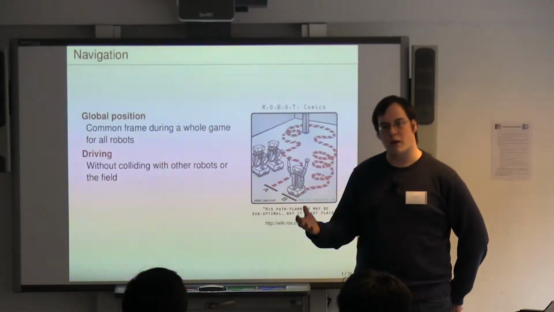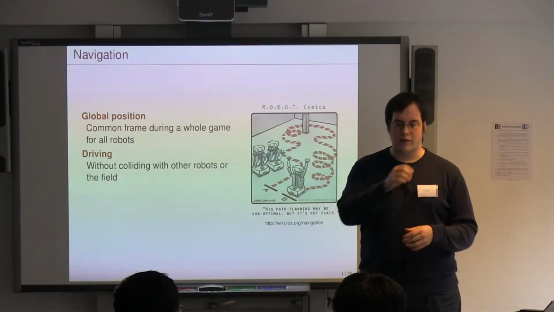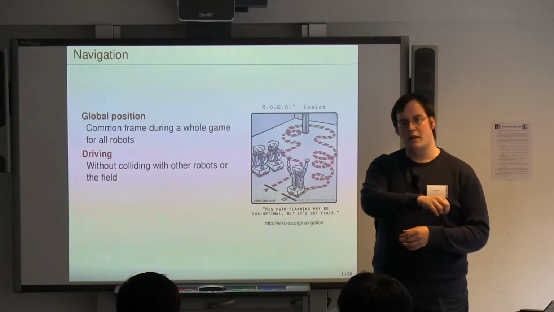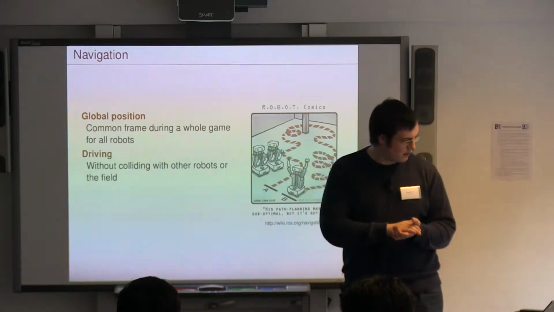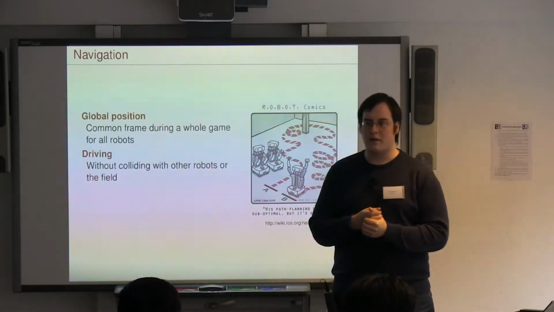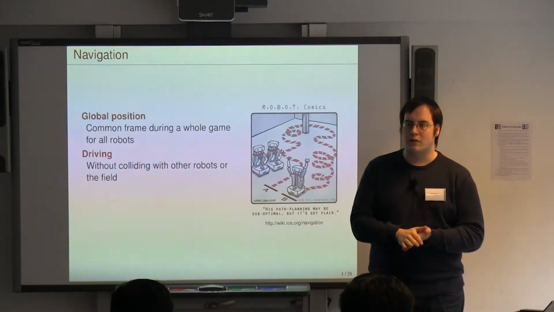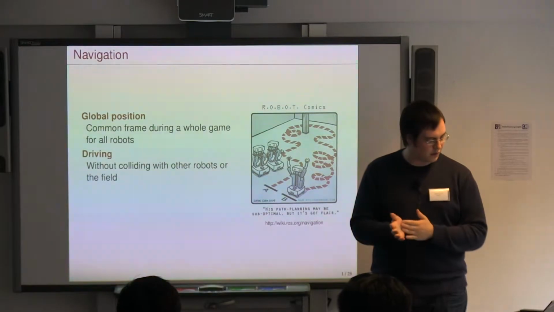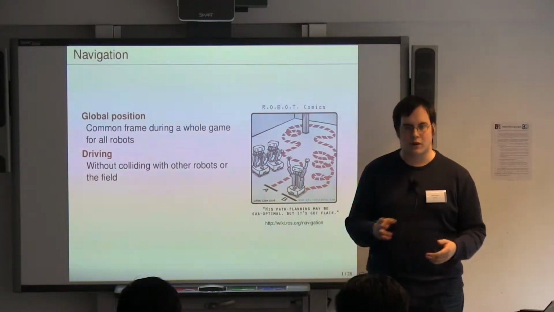So you need to have a common frame, which we call map, where you can define positions, and then other robots know about this position as well. That will be the first part, and then the longer part of the presentation will be the actual driving onto the RoboCup field and how we do it, so that we can drive without colliding with MPSs, walls, or other robots.